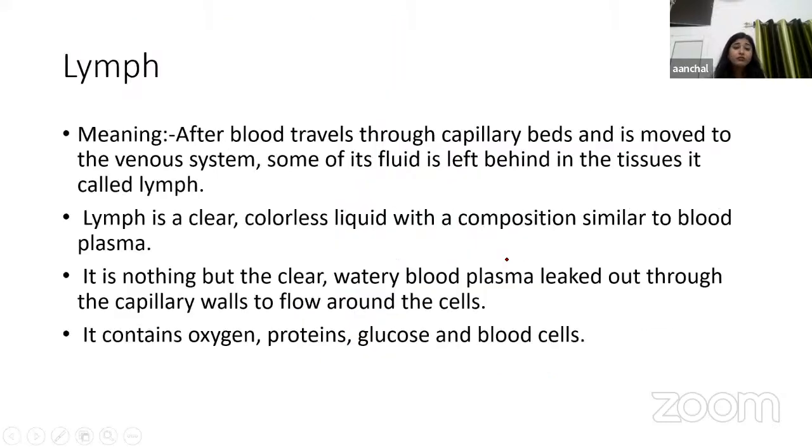So what do you understand by lymph? After blood travels through the capillary bed and moves to the venous system, some of its fluid is left behind in the tissues, and this fluid is known as lymph. As we discussed, lymph is a clear colorless fluid with a composition similar to blood plasma. It is the clear watery blood plasma leaking out through the capillary wall to flow around the cells, and it also contains protein, glucose and blood cells.